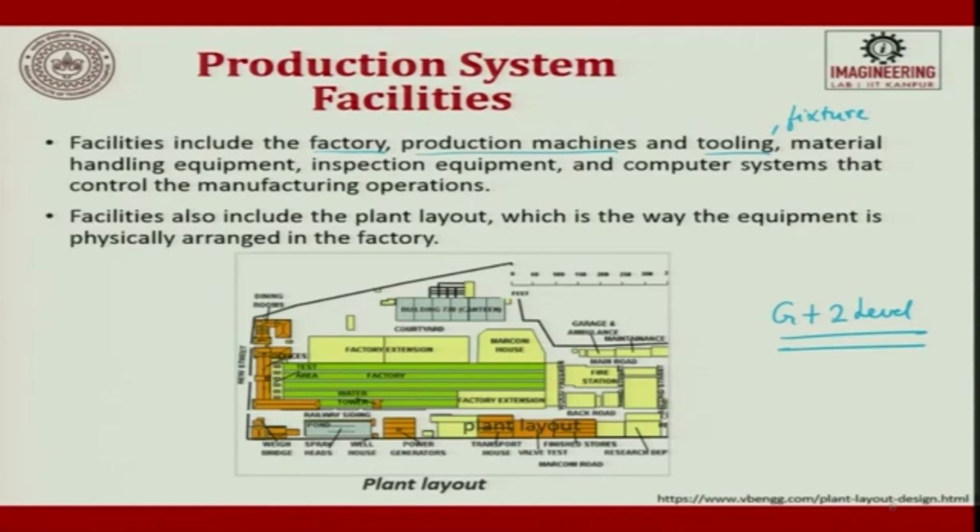In the same way, when we talk about factories, material handling is very important. Material handling does not mean only moving. Material handling means at the right time, at the right place, the right quantity, the job getting delivered. Today, we get all the courier services coming. They have very good material handling equipment and delivery. All these things are in material handling equipment.